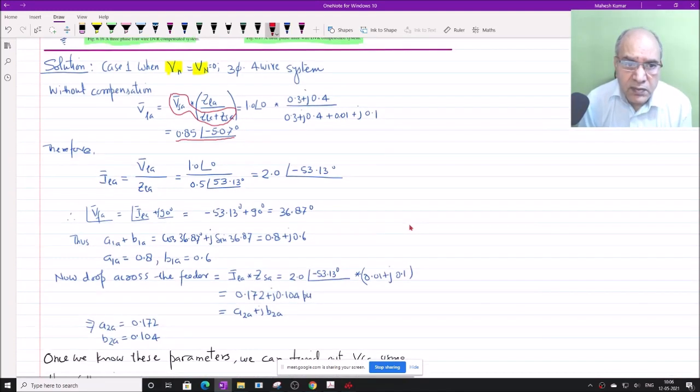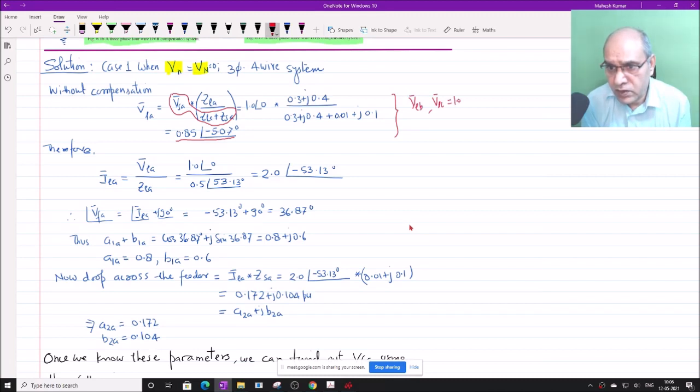Similarly we can find ILB and ILC and VLB and VLC. VLC will be the same as VSC, 1.0 per unit, because there is no current flowing in this circuit.